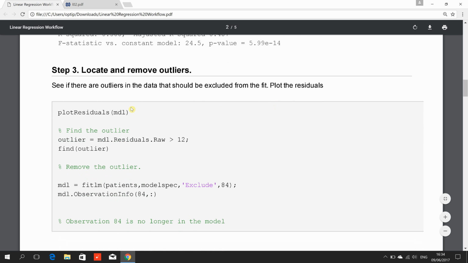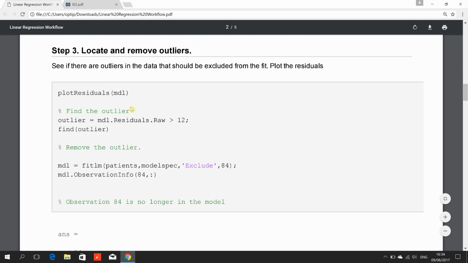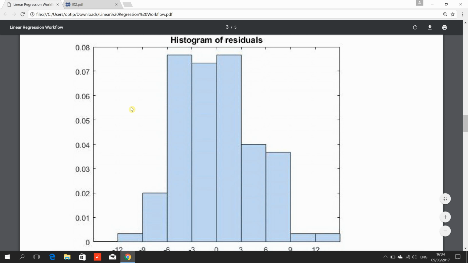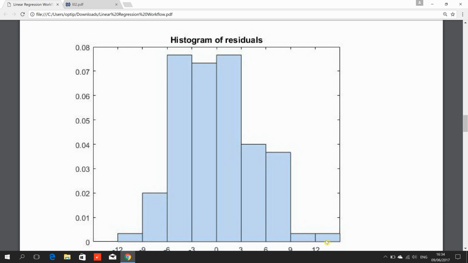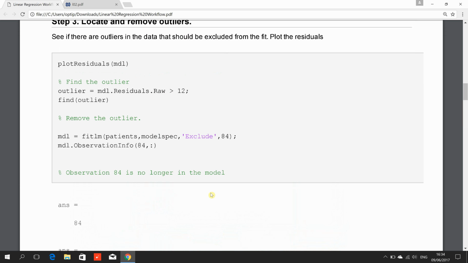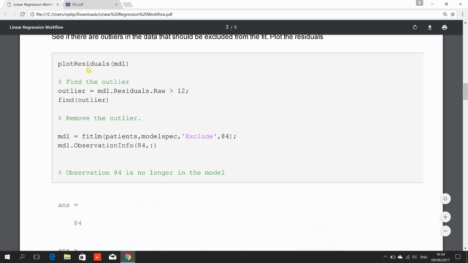So we plot the residuals there. Let's just go down and have a little look at the plot. And what we're going to do, just for the sake of it, is get rid of a residual of 12 or more. So let's go back to there. So we plot the model, model.residuals.raw greater than 12, find the outlier.